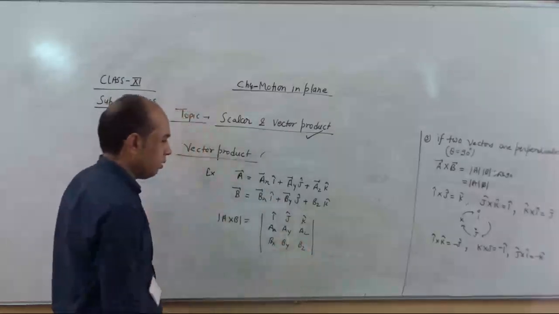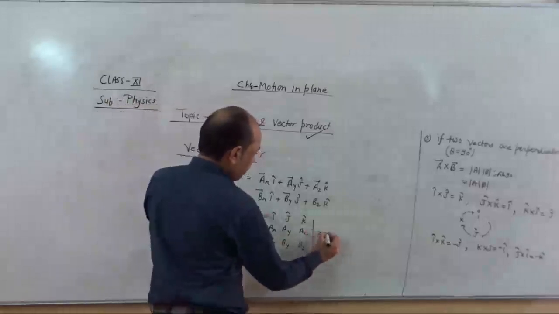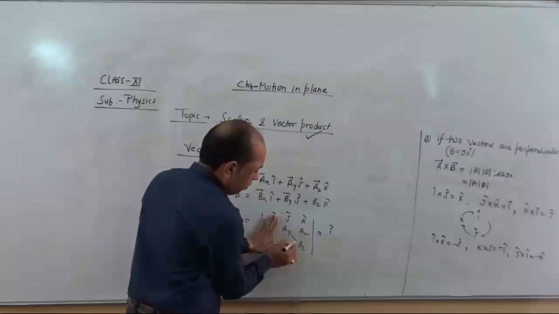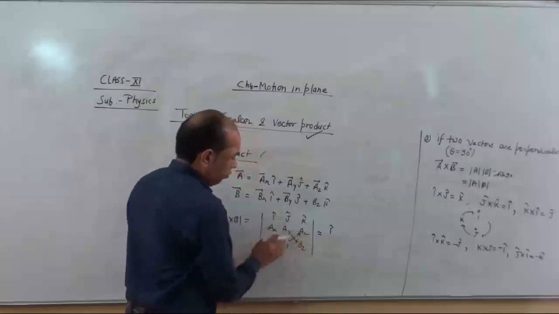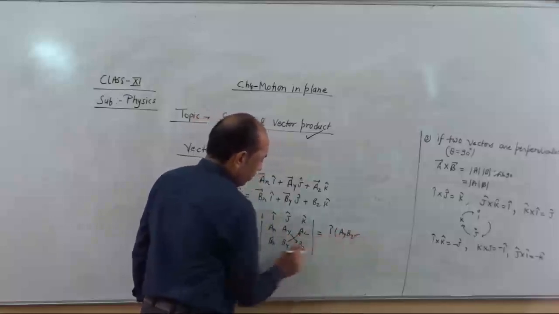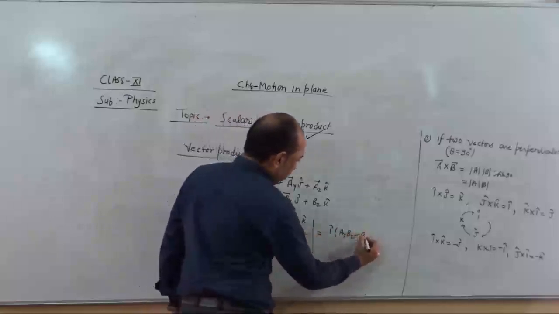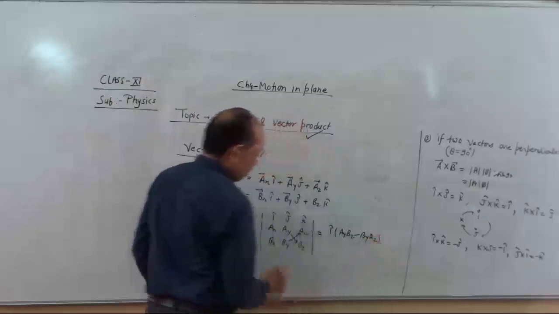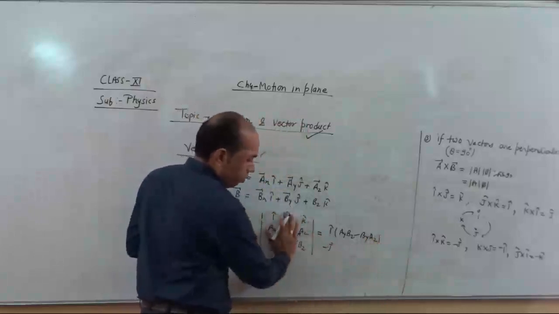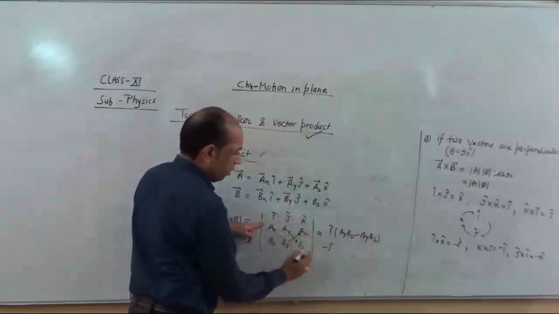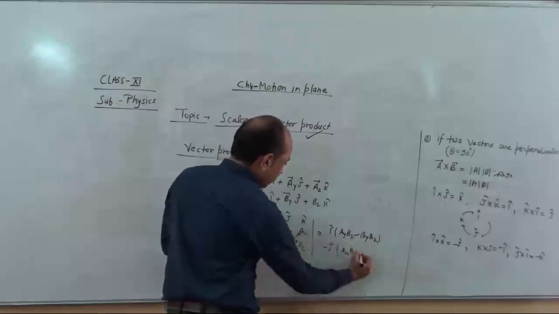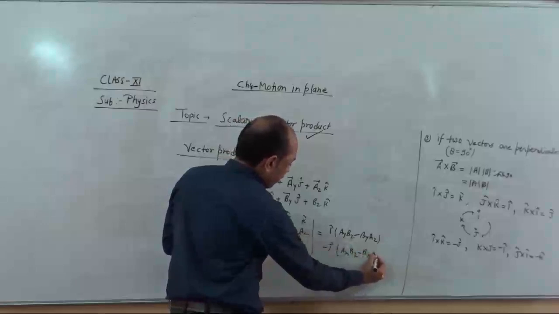Then we multiply. First write down I, then eliminate this line and follow first and second. So Ay into Bz, then negative sign, By into Az. Then the middle one, minus J, again we hide and follow the same order. So Ax Bz minus Bx with Az.